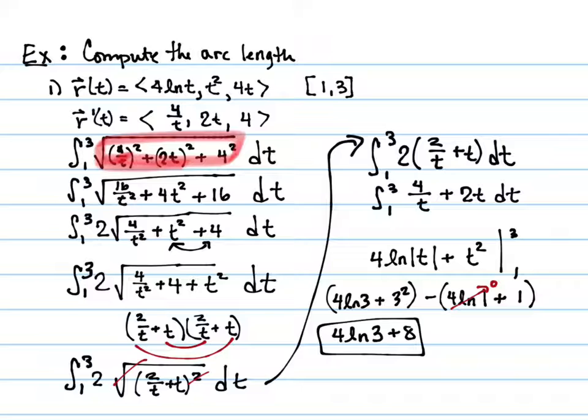That's in math 9 in your calculator. If you're not sure what I'm talking about and you want to check in with me when we're doing board work, feel free to do so. It'll give you a decimal approximation, it won't put it in natural log form, right? And then you could do the same thing to take the 4 natural log 3 plus 8 and turn it into a decimal approximation to confirm your answer. Okay, good on arc length?